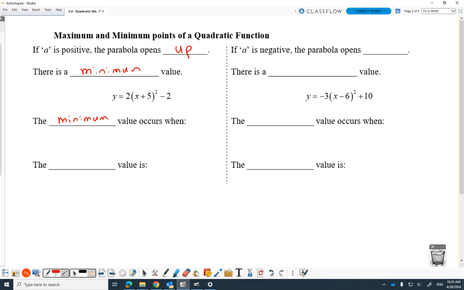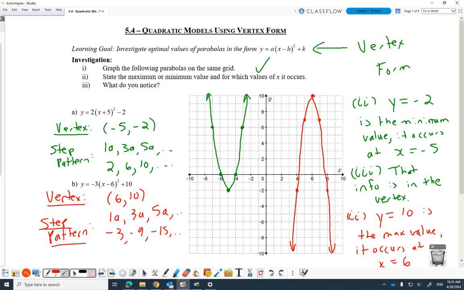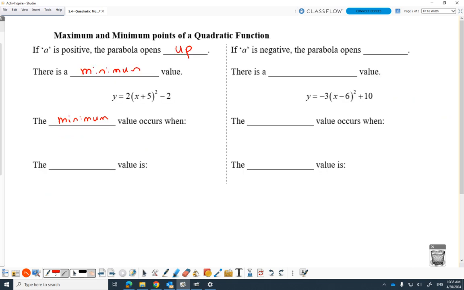Can you do it without the graph on this one? Okay, the minimum value occurs when x equals -5 and the minimum value is y equals -2. That's what I said on the previous page, but I'm just trying to do it by staring at the equation now.